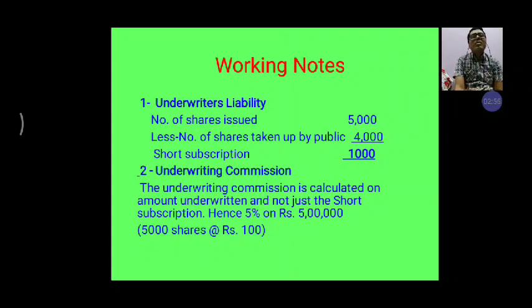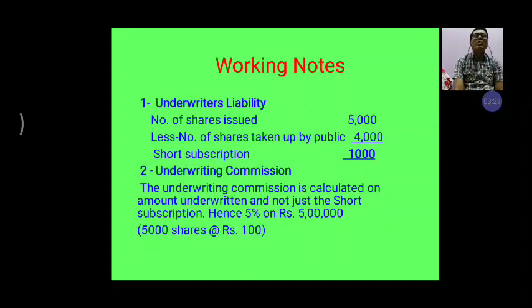Then the second most important point is underwriting commission. The underwriting commission is calculated on the amount underwritten and not just the short subscription. Hence 5% of rupees 5 lakh. Why 5% of rupees 5 lakh? Because the company issued 5,000 shares and per share rupees 100.